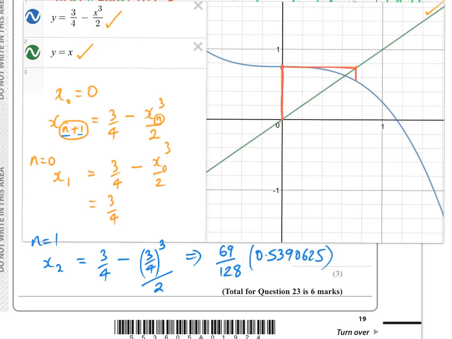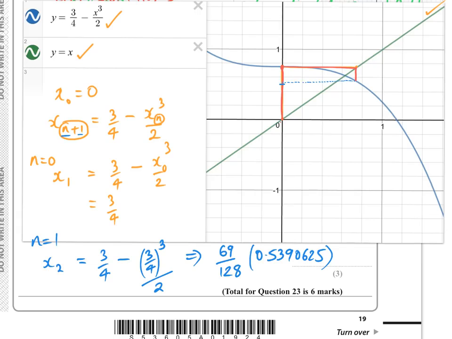0.5390625. Now, if you think about this, here's halfway, that's 0.5, and if you look very carefully here, this is actually the value that we're looking at here, 0.54 roughly.